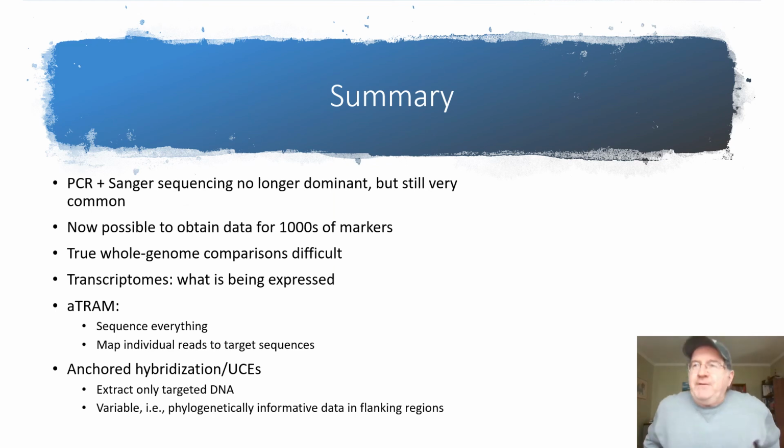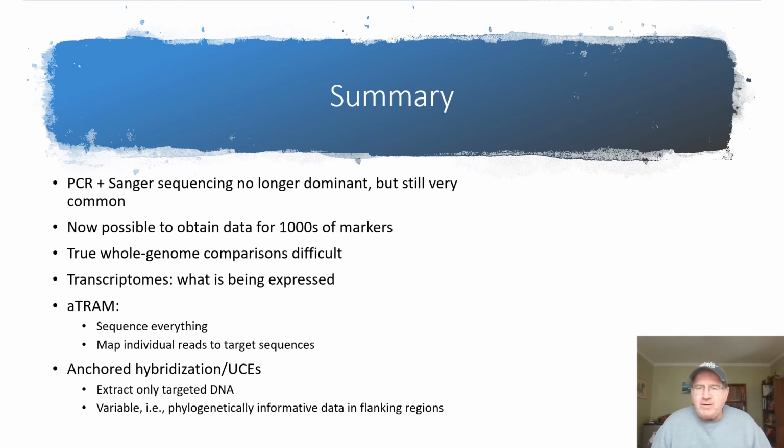So let's just briefly summarize this. Although the combination of PCR and Sanger sequencing, what's sometimes called direct sequencing, is no longer as dominant as it used to be, it's still out there. It's still quite useful, and there are still some very important papers being published using data from them. But now it's possible to get data not from a handful of genes, 5, 10 genes, but for thousands of markers.